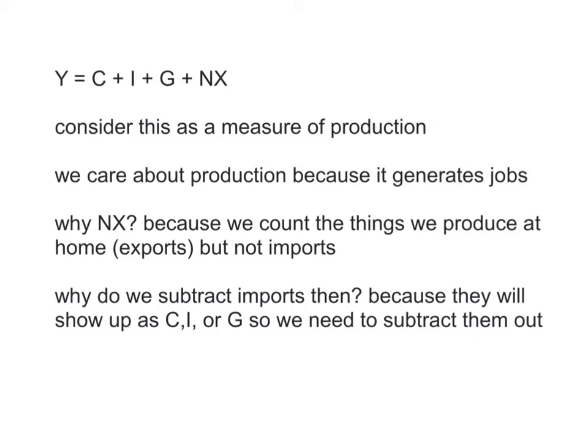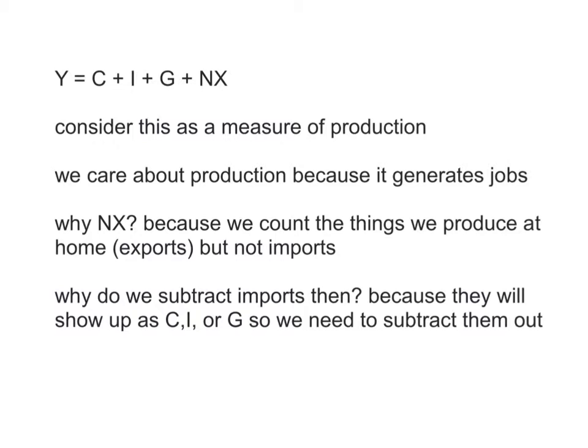Government expenditure does not mean transfer of money from person A to person B. Government expenditure means like building a bridge or a road. NX is net exports. Now we understand why C is there. Consumption goods have to be produced and consumption services have to be produced. Investment goods and services have to be produced. Government goods and services have to be produced.